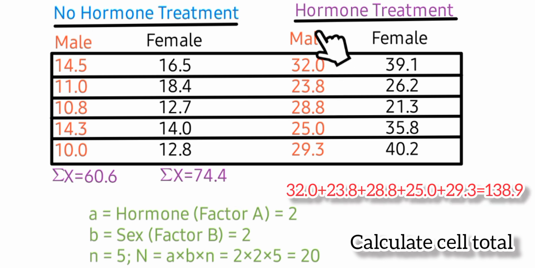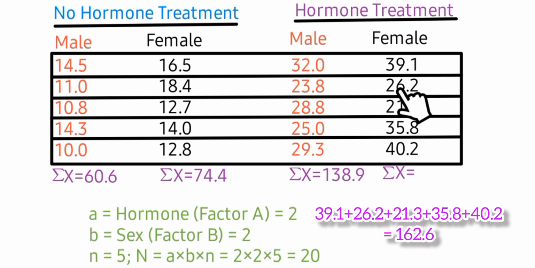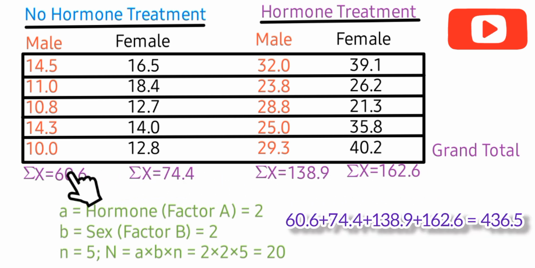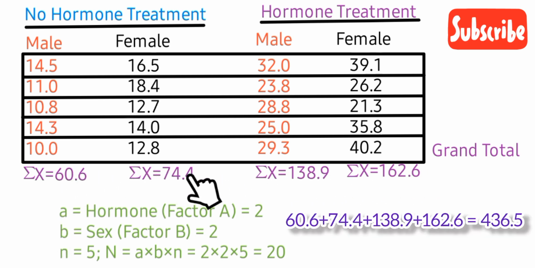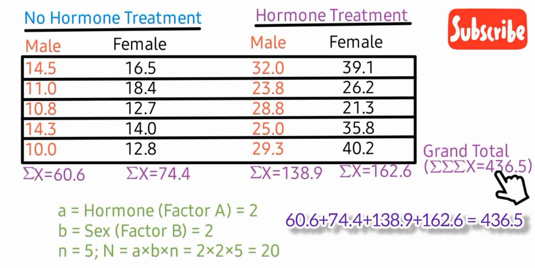Now, the total for the male with hormone treatment will be 32 plus 23.8 plus 28.8 plus 25 plus 29.3, which is 138.9. The total for females with hormone treatment will be 39.1 plus 26.2 plus 21.3 plus 35.8 plus 40.2, which is 162.6. Now let's get the grand total for the sum. That is by adding up all the sums: 60.6 plus 74.4 plus 138.9 plus 162.6 gives 436.5.